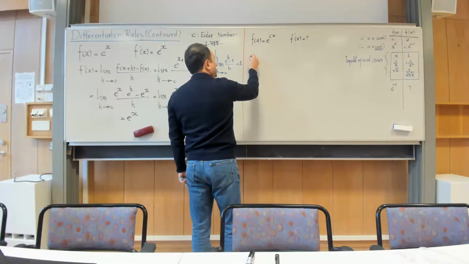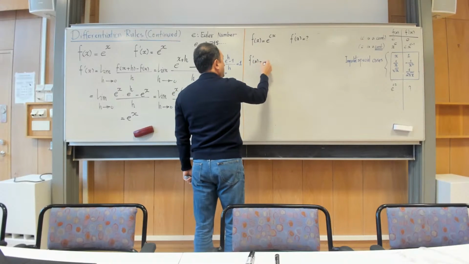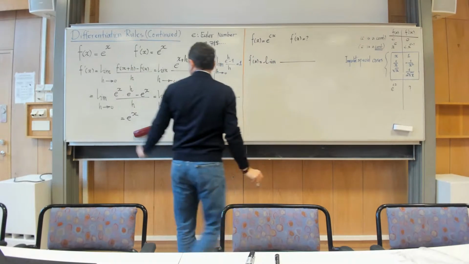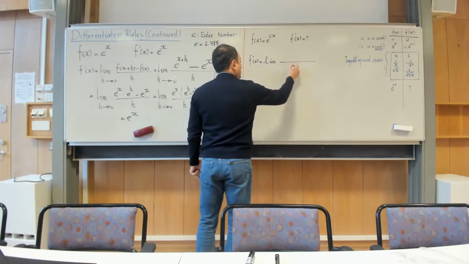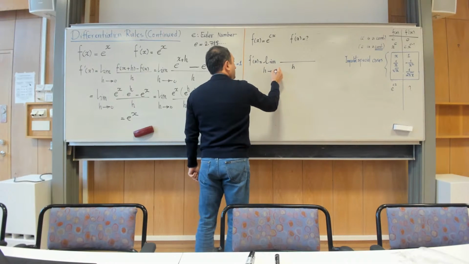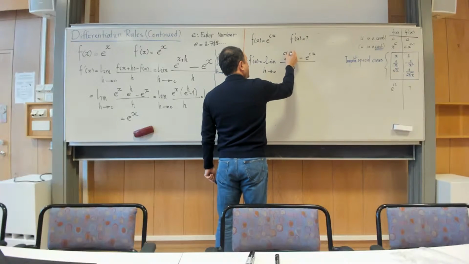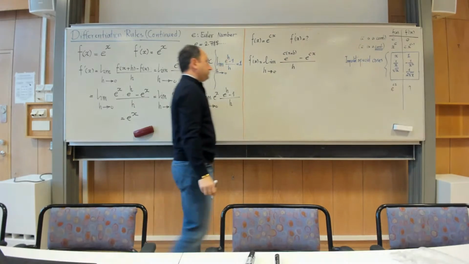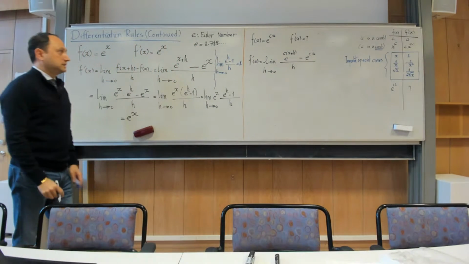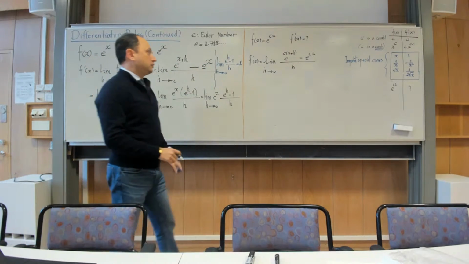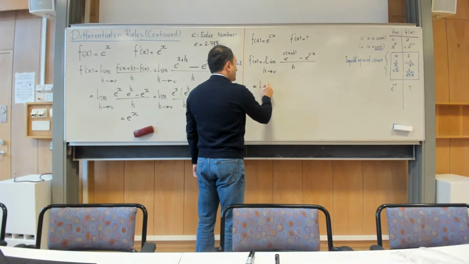So what I can write is that f prime of x is the limit. I put h in the denominator, h goes to 0. Then I would write my function here, e to power c times (x plus h). So I have replaced x with x plus h everywhere. More or less, I use the same trick.